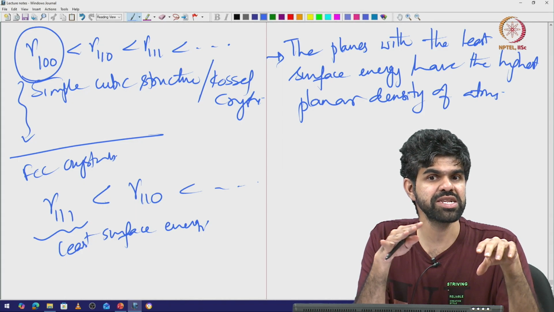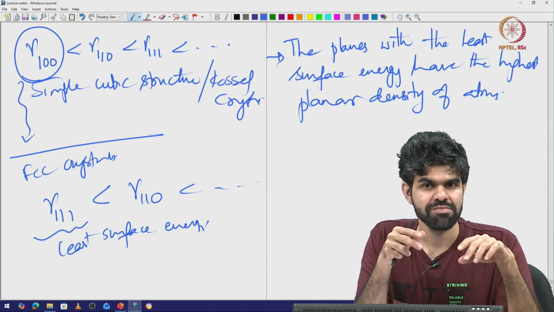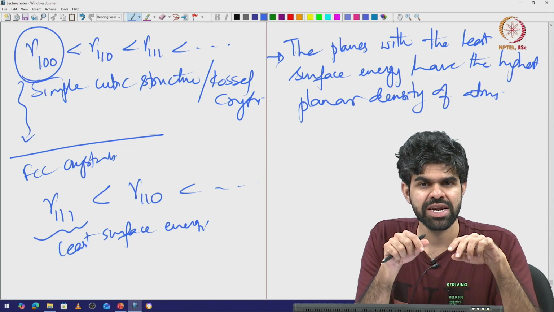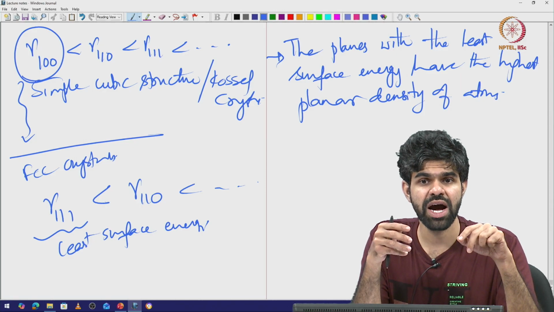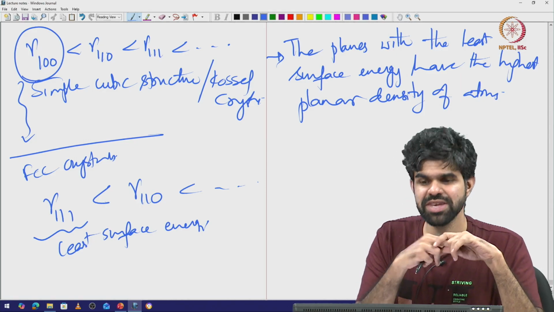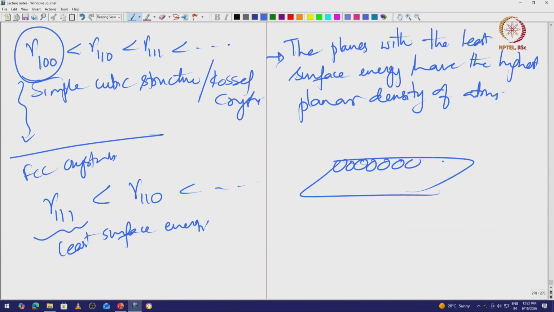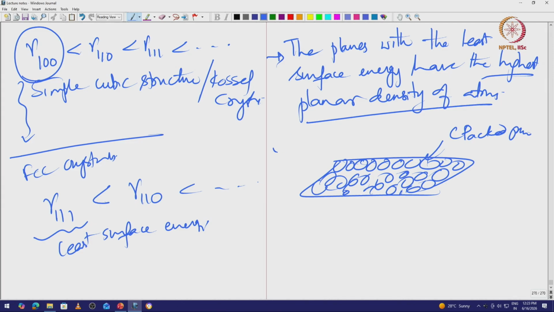Ideally, if I am sparsely populated, then I can cut it easily. But if atoms are very densely populated and I cut it, the cut should be hard because every atom is interacting with every other atom, right. So, this plane I am saying is a very closely packed plane, with a lot of atomic density, right. This is the highest planar density of atoms, and that is called close packing.